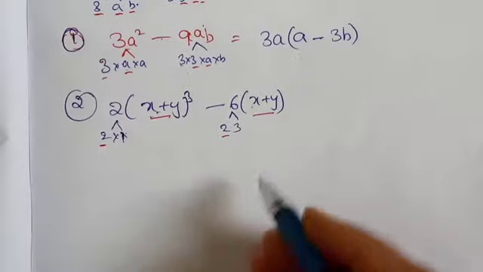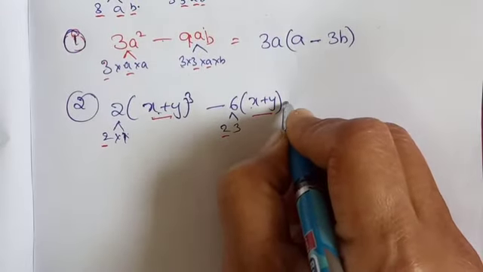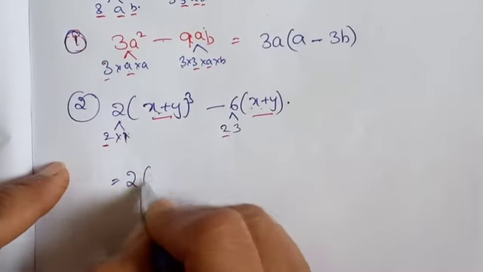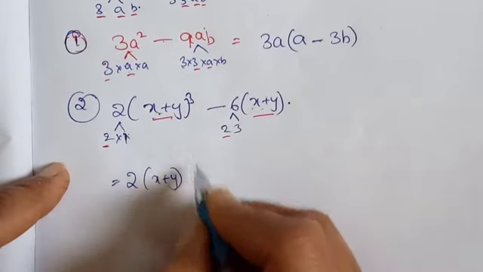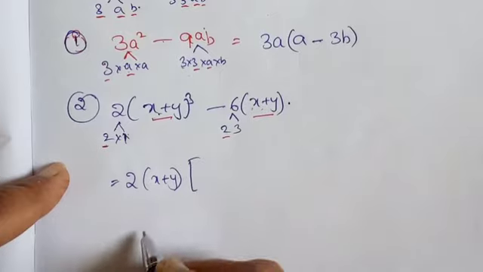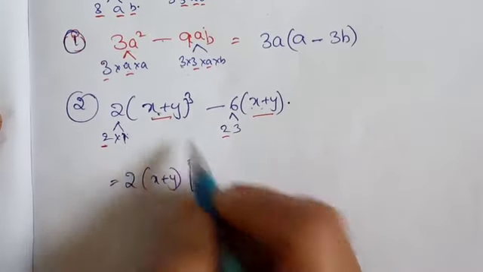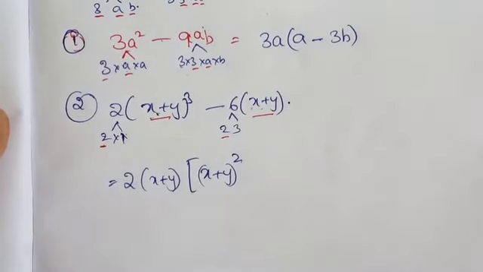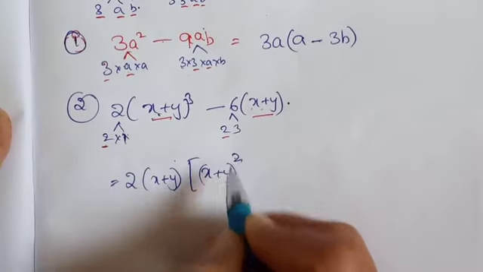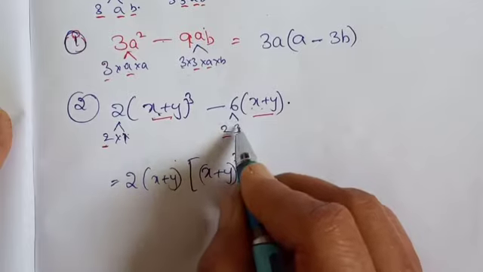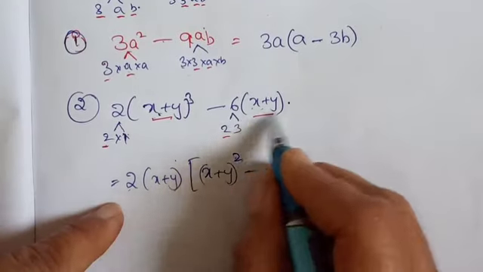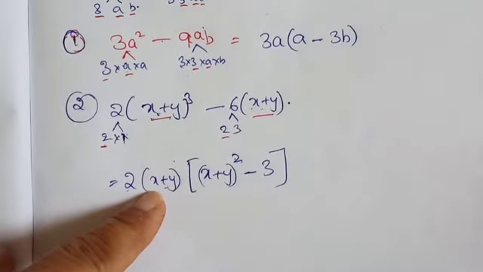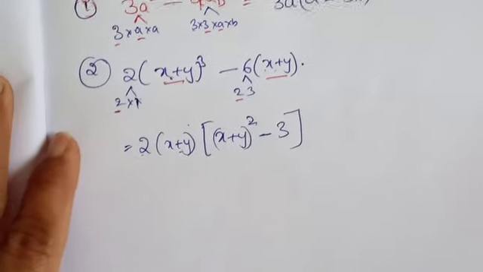So I am going to write 2 (x plus y) common, and now in the square bracket (x plus y) whole square, because 1 plus 2 is 3, right? Minus, what is left here? 2 I have taken out, (x plus y) I have taken out, only 3 will be left. Okay, children.